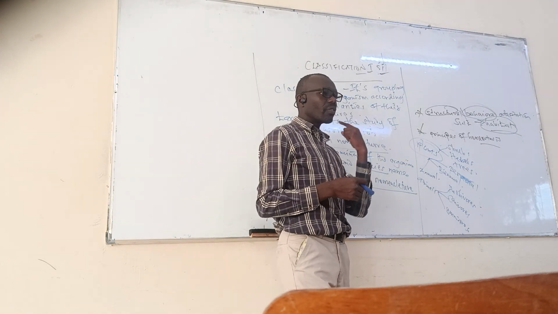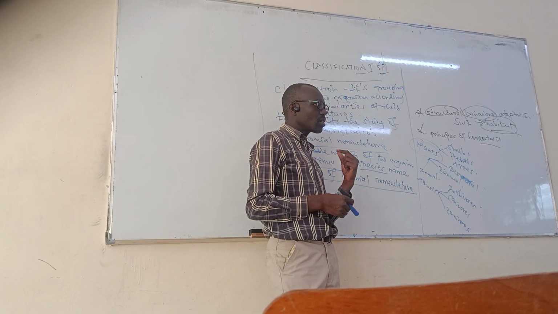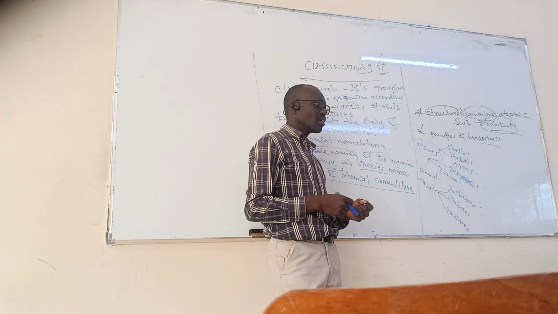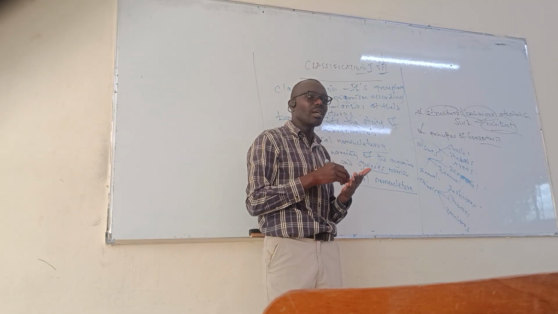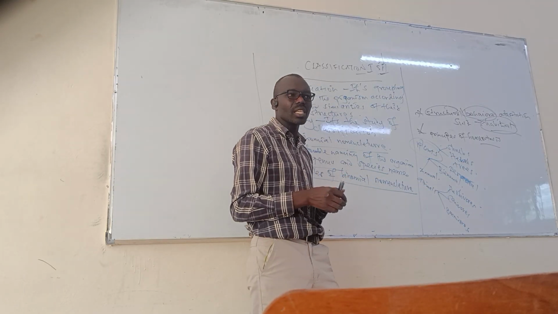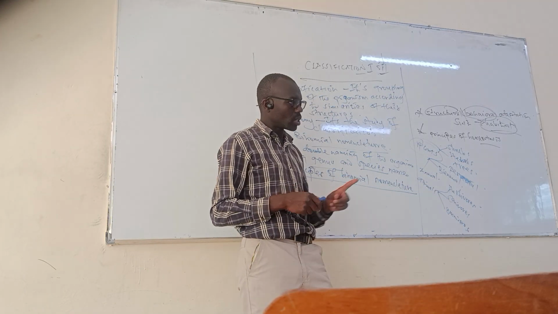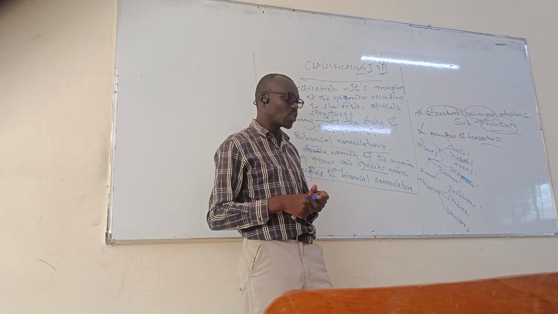The point is one. That when giving the organisms the genus and the species name, when it is handwritten, they are underlined, but you underline them separately. And when it is printed, it is in italic font. That is one principle. So most of the students usually split it into two.